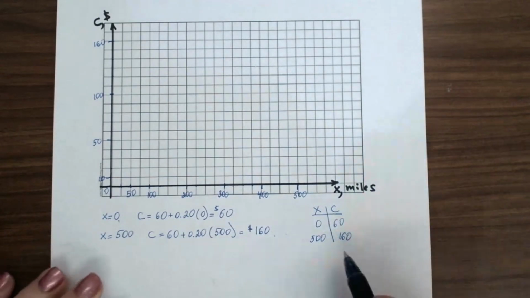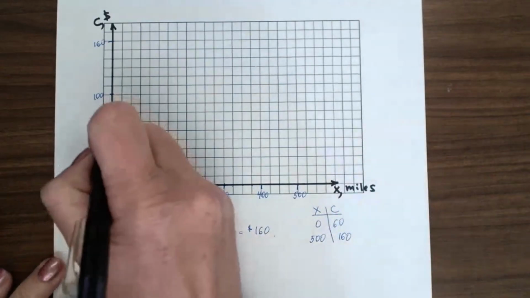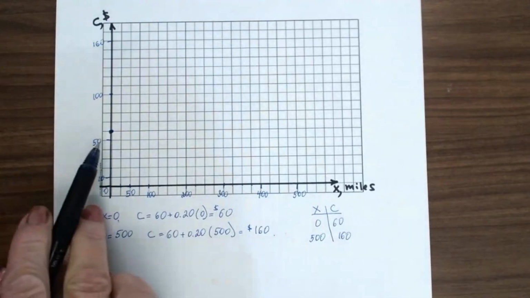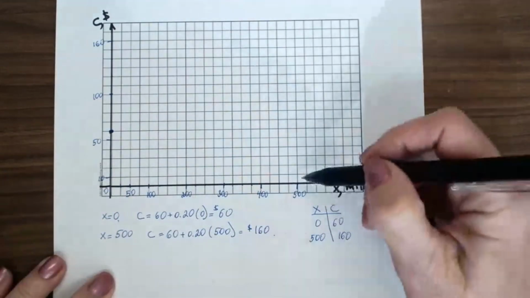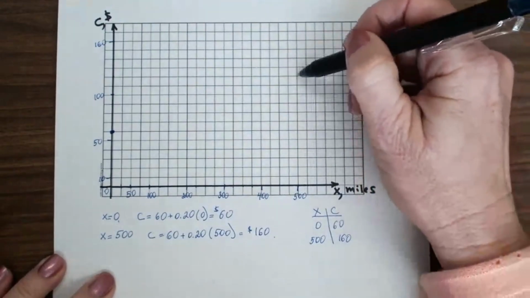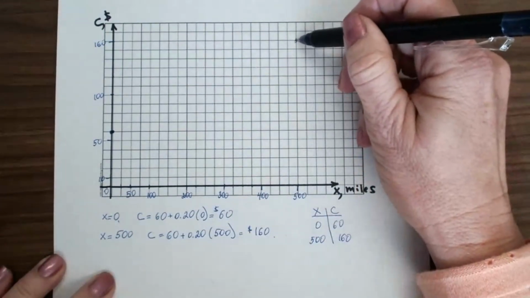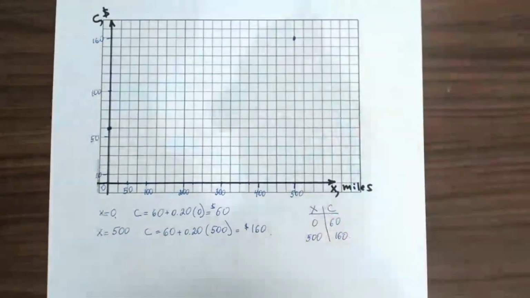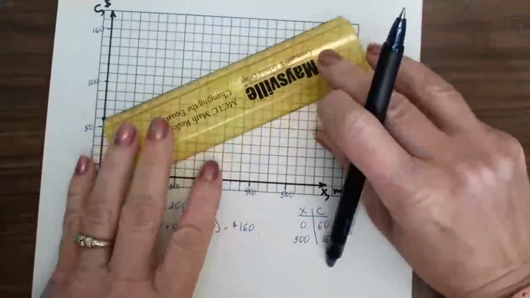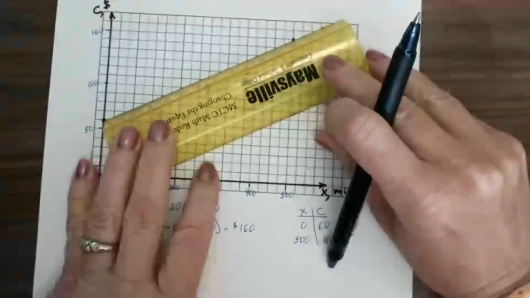Let's graph these 2 points. 0 and 60 is right here. 500 and 160 is right here. Now we're ready to draw a straight line through these 2 points.